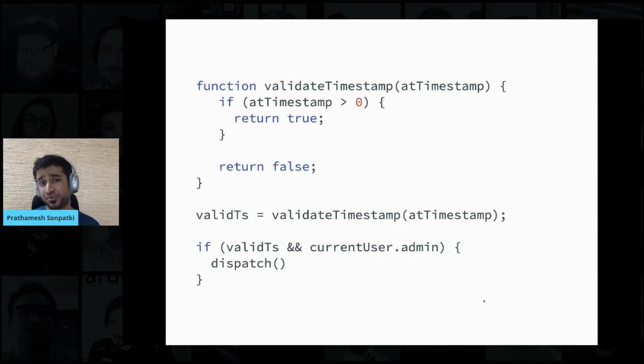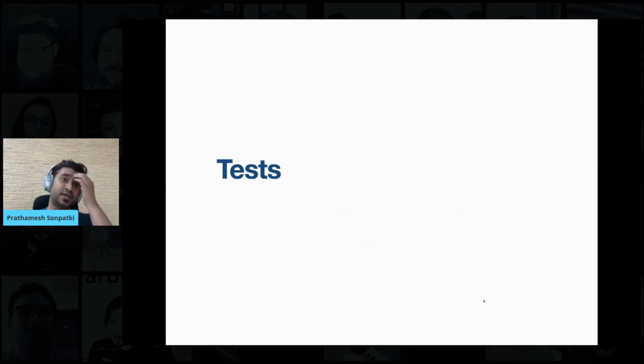They don't have anything about React, Redux, or any particular library, and that also allows us to test them, because we can simply write unit tests: for the given input, expect the output, and that helps us increase the confidence in our code. Because writing testable code is as important as writing code, right? We cannot write code which we cannot really test, and writing pure functions helps us in the first step, where we are able to write the unit tests in a very seamless manner for our pure functions.